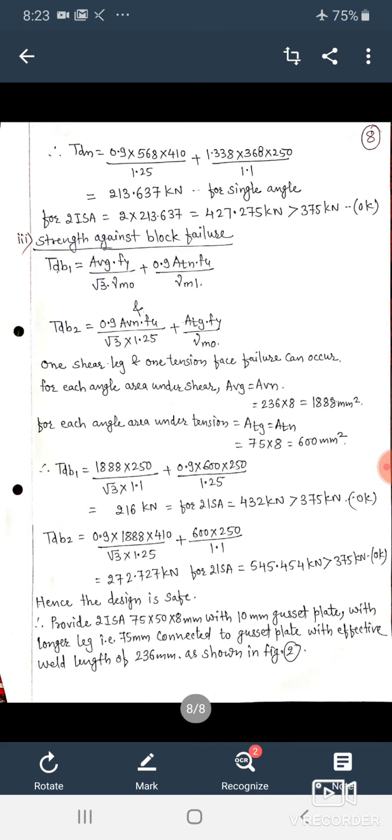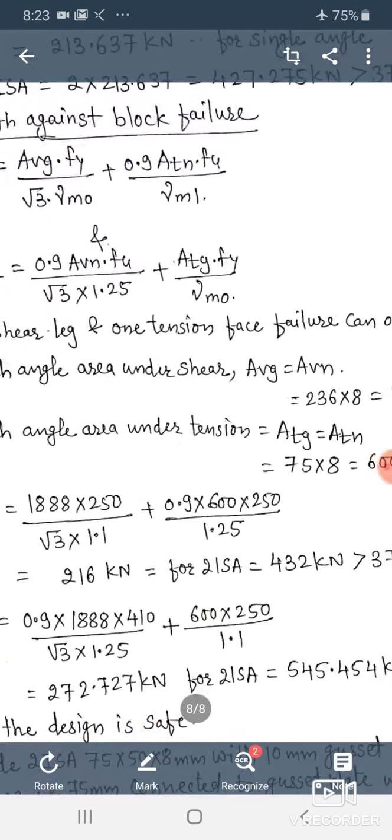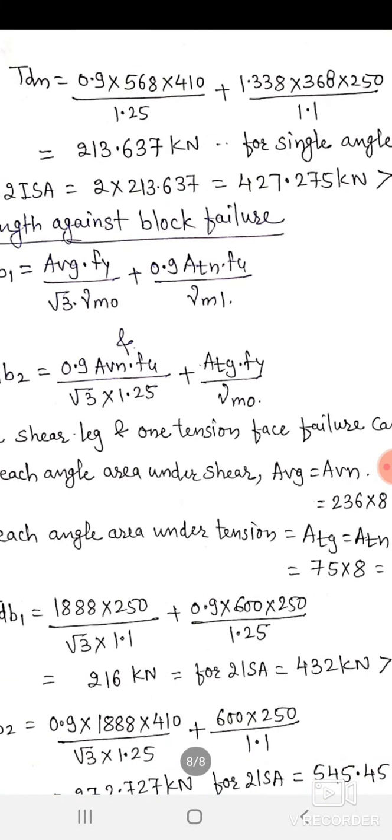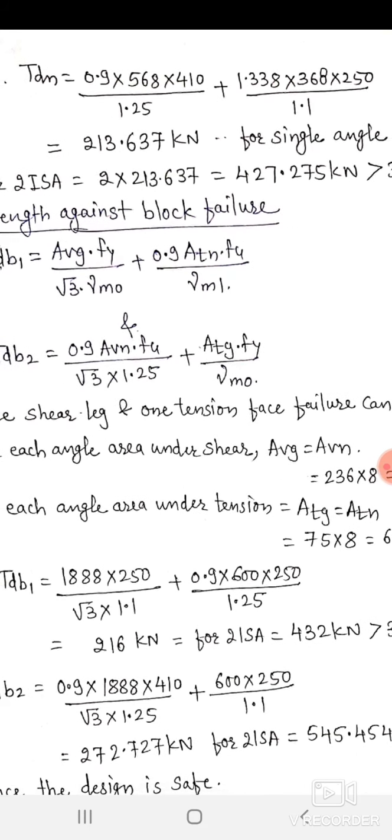Then for the TDN, just substitute in the formula. You will be getting TDN equals 0.9 into 568 into 410 divided by 1.25 plus 1.338 into 368 into 250 divided by 1.1, which is 213.637 kilonewton.